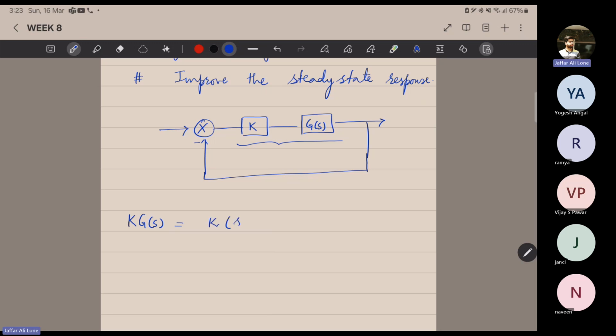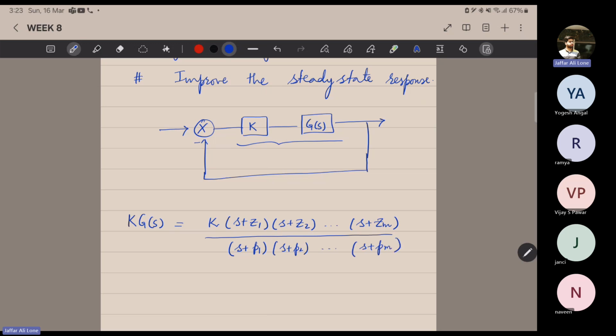And let's assume there are M zeros, Z1 up to Zm, divided by (s+P1)(s+P2) and so on up to (s+Pm).